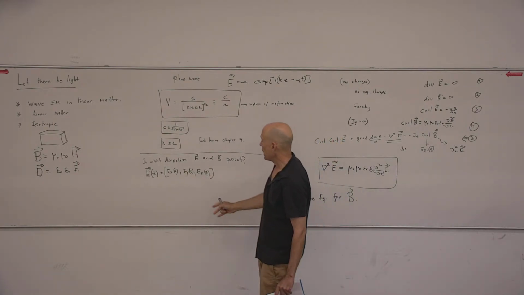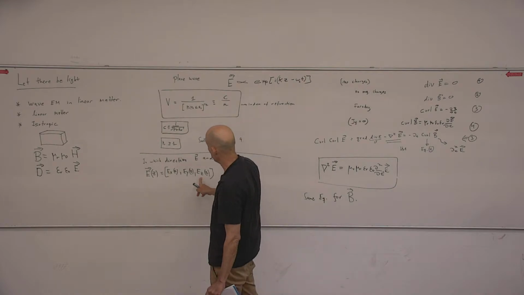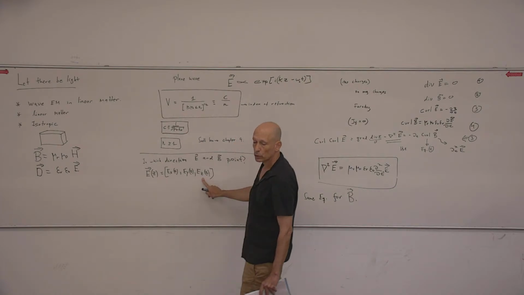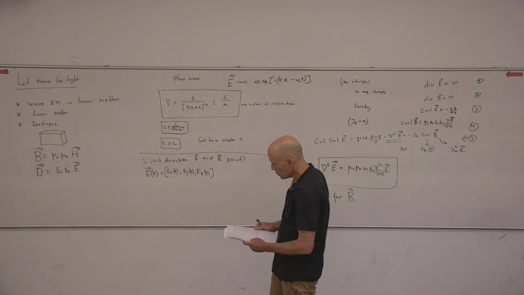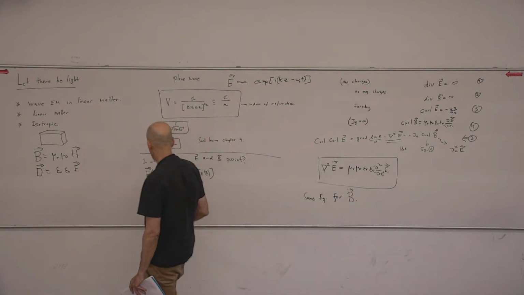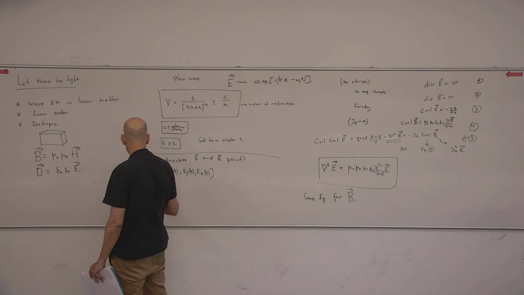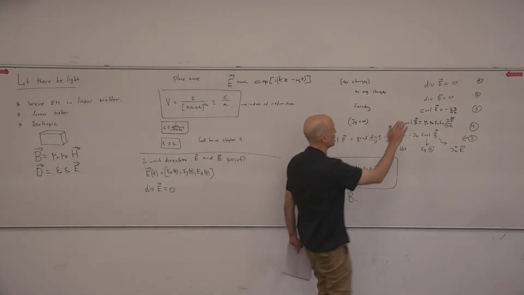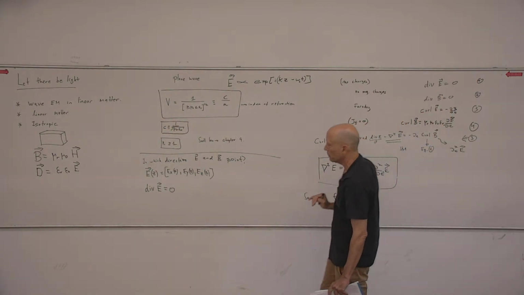And we want to show that E in the z direction is 0 for sure. How do I know it is 0? I know it because div E is equal to 0. This is this equation, which means that there are no charges in this problem.